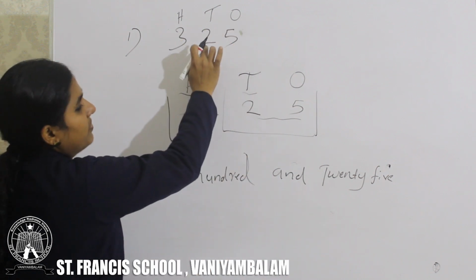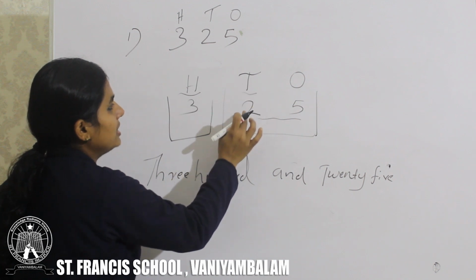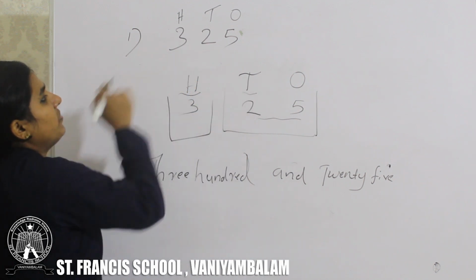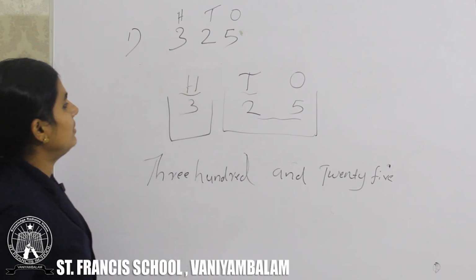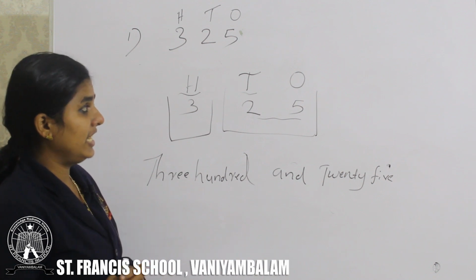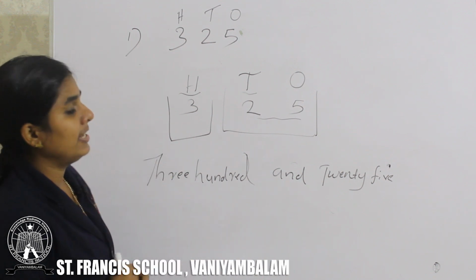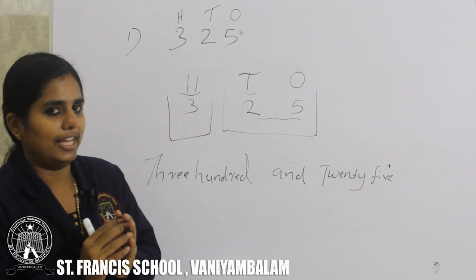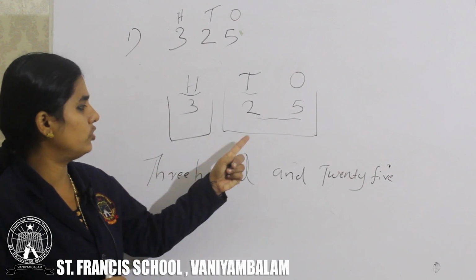Then left of the ones we have tens, and that number you write below the tens place. Then left of the tens we have hundreds, and that number you write below the hundreds place. After that we divide this 3-digit number into 2 parts. First part tens and ones together, another part hundreds. We get two parts.